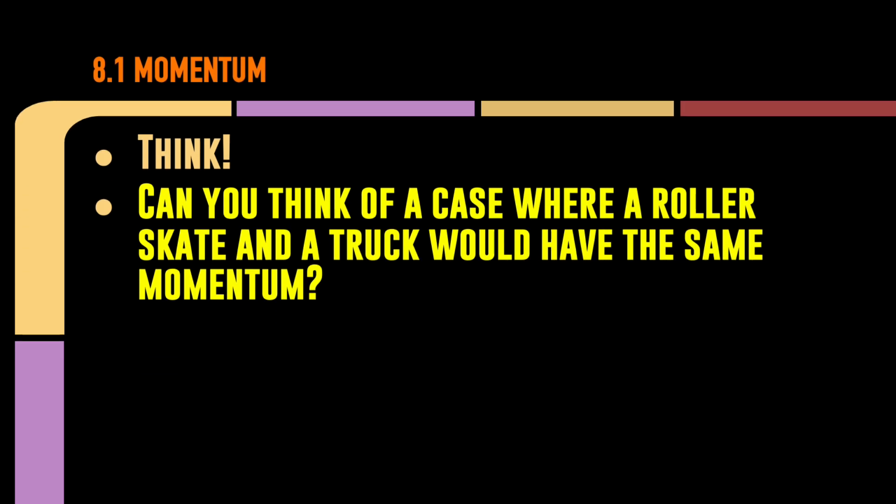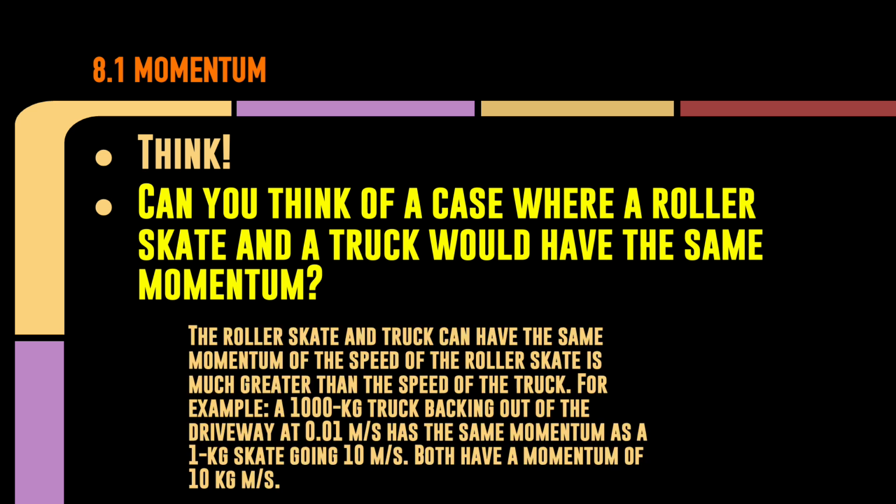So can you think where a roller skate and a truck would have the same momentum? There's a lot of text here, but basically if we can get them to multiply to the same thing, we can get that to happen. So a 1,000-kilogram truck going at 0.01 meters per second versus a 1-kilogram skate going at 10 meters per second, they would give the same momentum value.